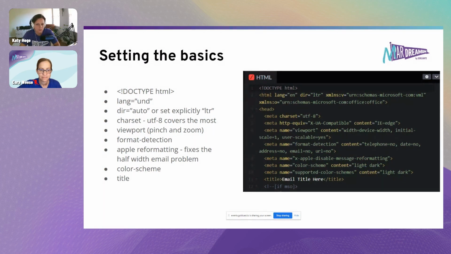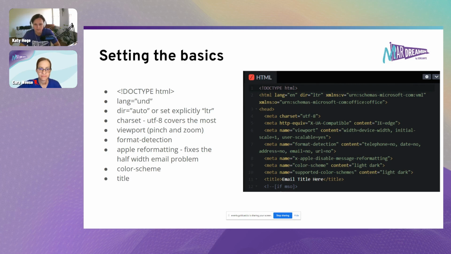The width equal device-width sets the width of the page to follow the screen width of the device. And initial-scale equals 1.0 sets the initial zoom level when the email is first loaded. The user-scalable equals yes allows the user to adjust the scale, the pinch and zoom that we're so used to now.